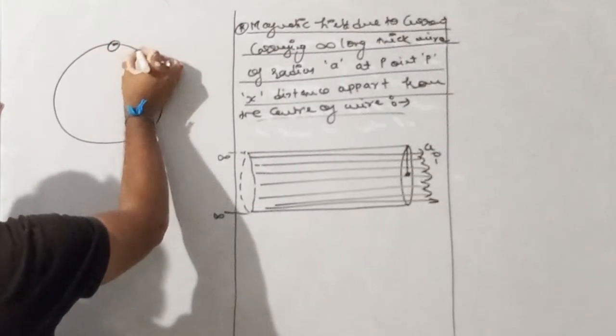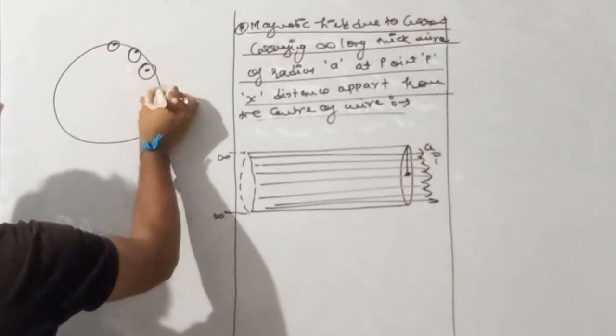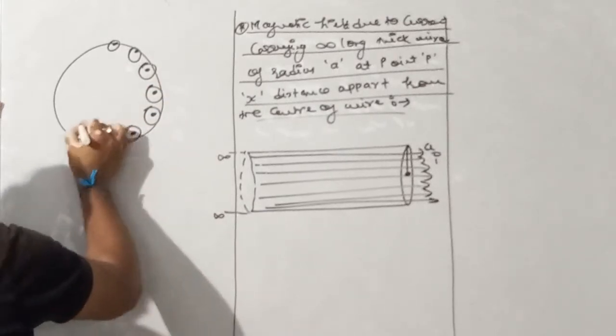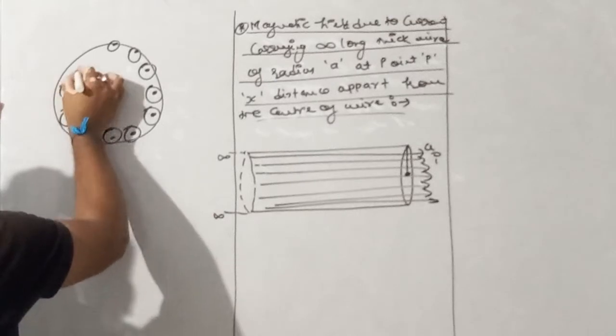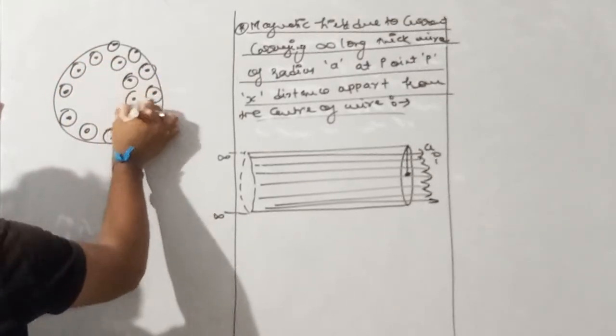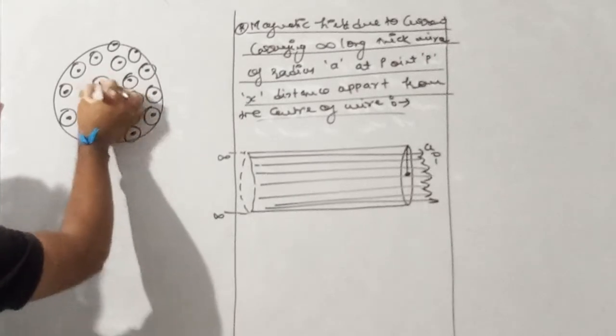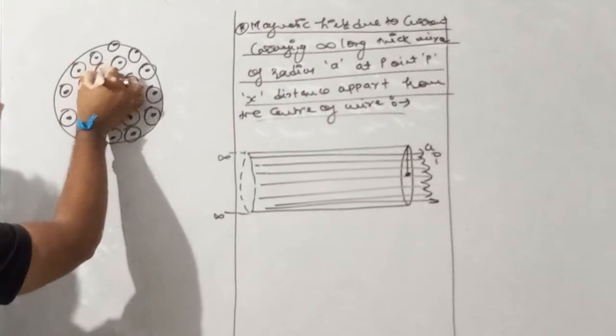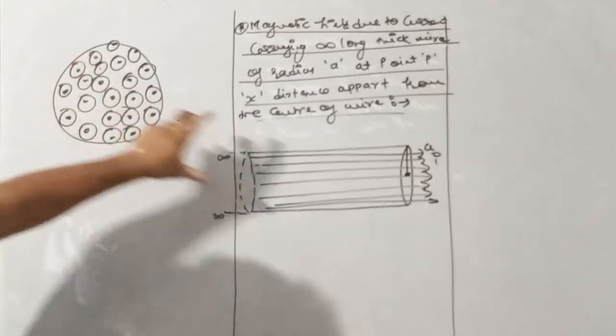If this is a thick wire, it means current comes from every point of the wire, because a thick wire has a surface, and if a surface is there, then current is capable of flowing. So if I see from the front side, this is nothing but the front view of the wire, and the other is the side view.